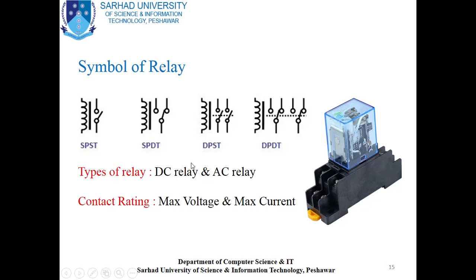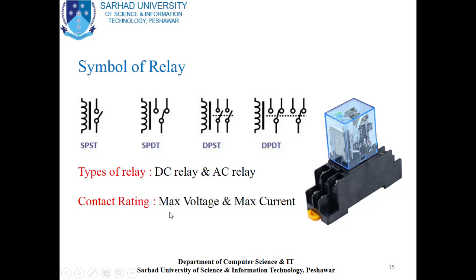DC relay requires no frequency while AC relay requires frequency, and we can control different loads. Different loads mean DC load or AC load, which can be controlled by DC relay or AC relay.